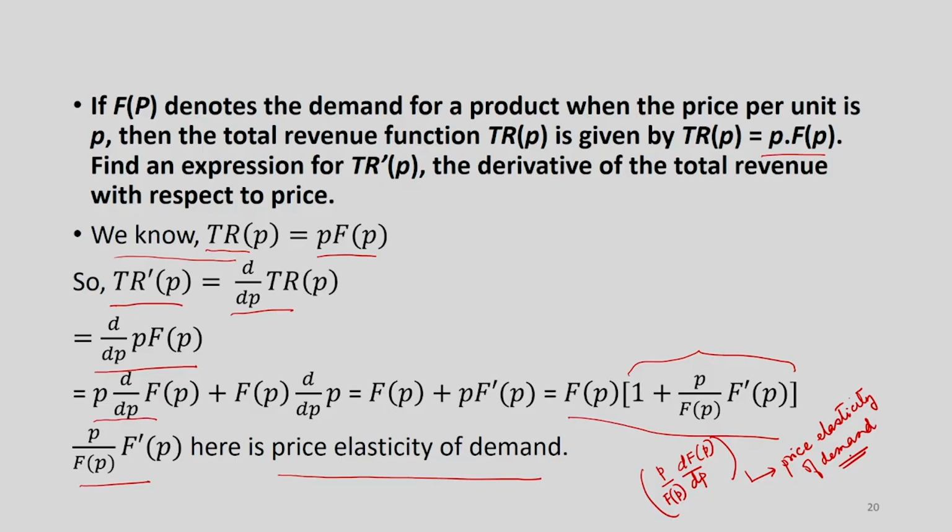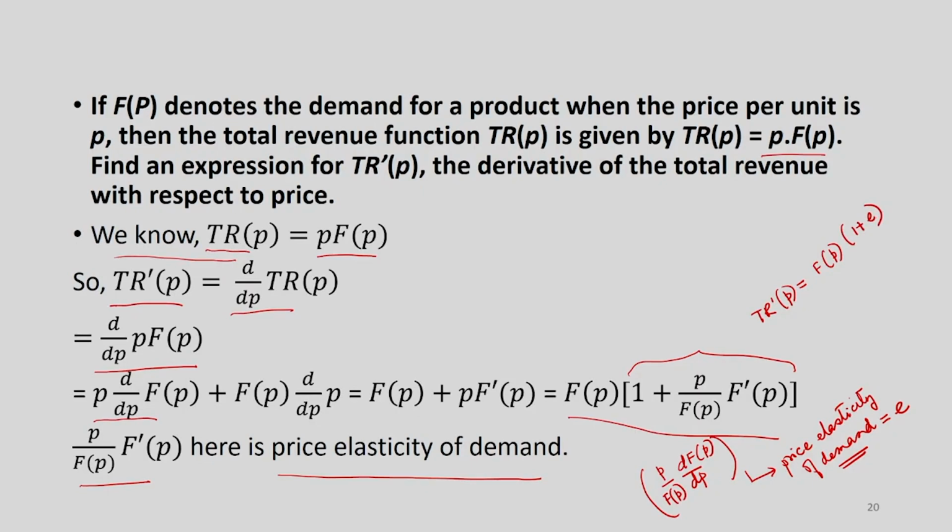Okay. And if we denote this simply by small e, then what we are getting is that the derivative of total revenue with respect to price is equal to f(p) multiplied by 1 plus e, right.